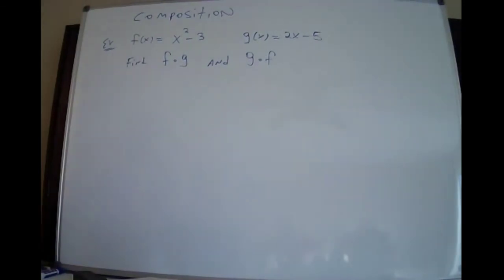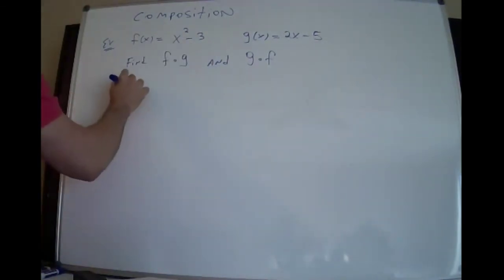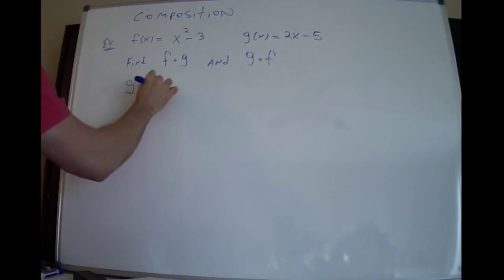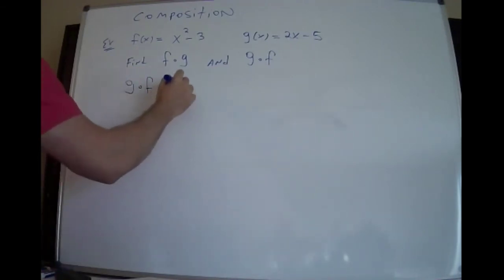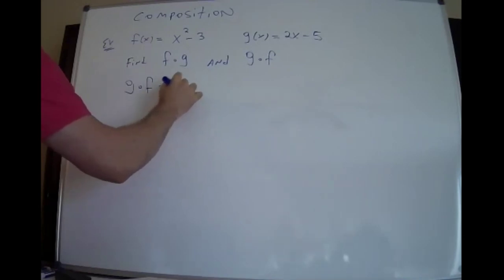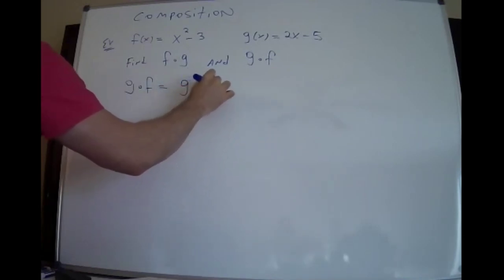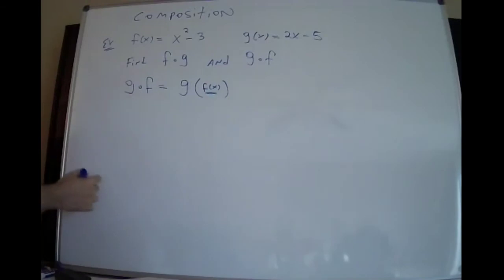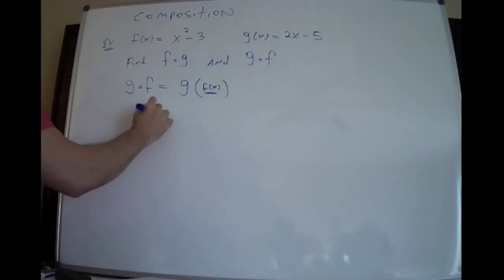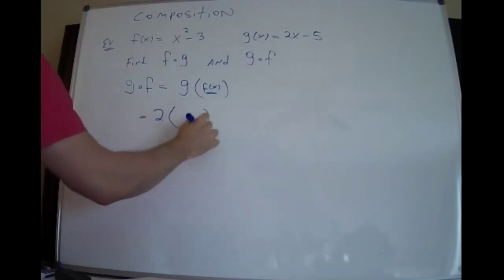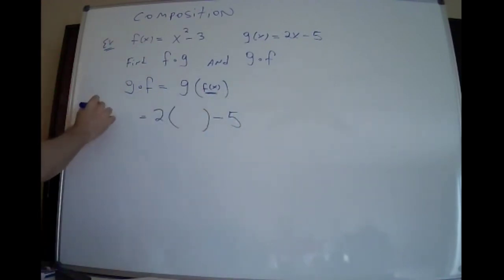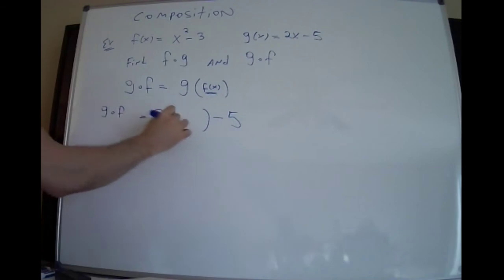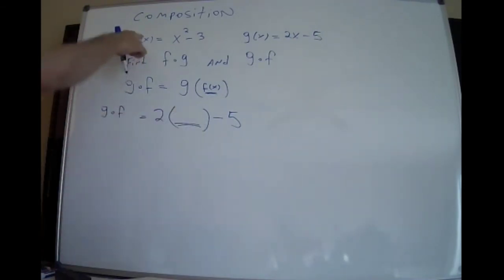So, here we go. All right, so g composed with f, or g o f. So now I take the g and I plug the f into it. So go to g, put big parentheses where the x was. What's going to go here is the f.